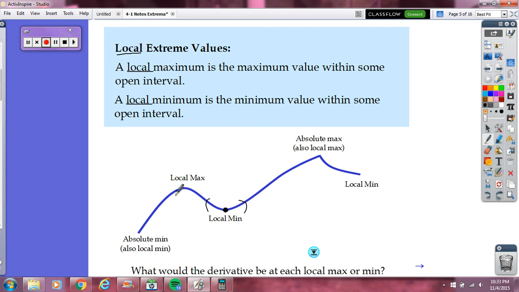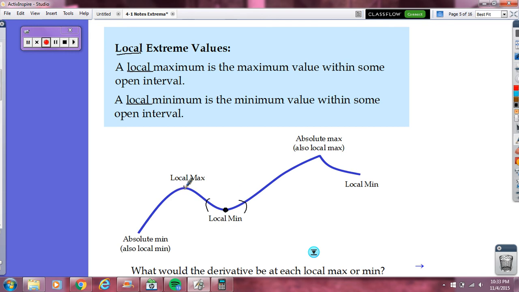So again, a local max is not the biggest of everything, but it's larger than the stuff that's just in this little neighborhood around it. There's a local max. Absolute max means that value is the tallest, highest mountain of everywhere else on the function. If it's an absolute max, it's also a local max.